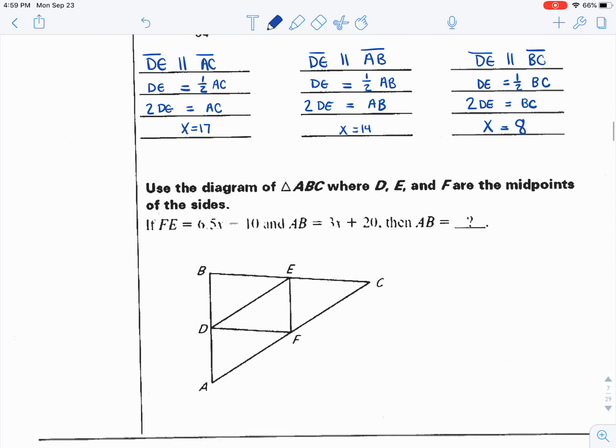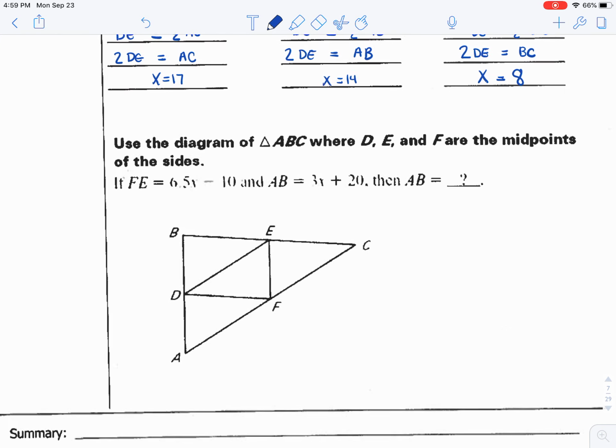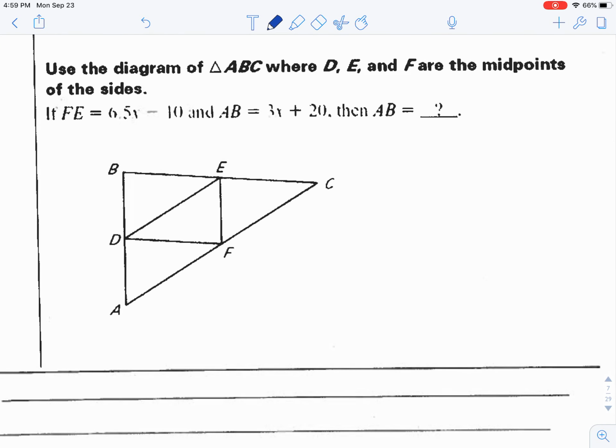Now, let's take a look at the diagram below. Use a diagram of triangle ABC where D, E, F are midpoints of the sides.